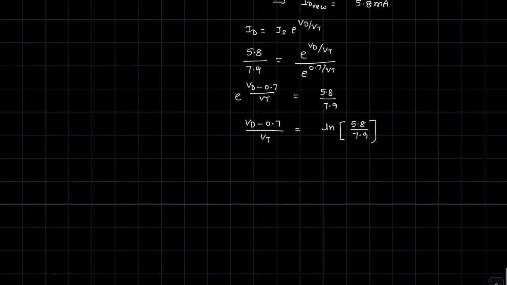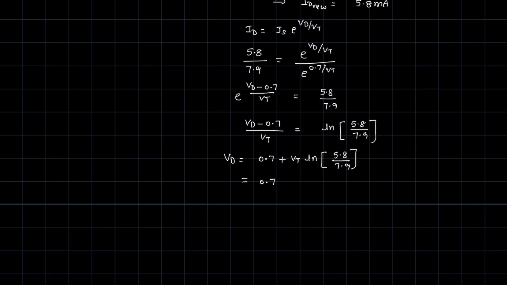So the new VD is 0.7 plus VT times ln of 5.8 over 7.9, where VT is 25 millivolts as given.